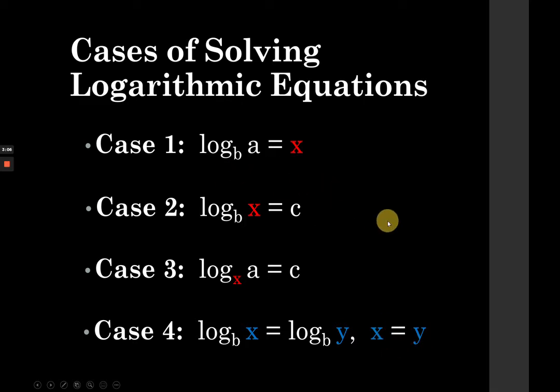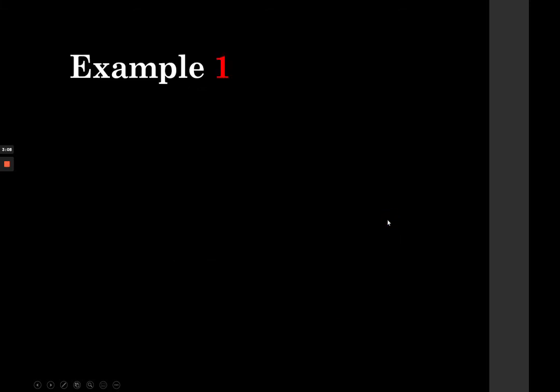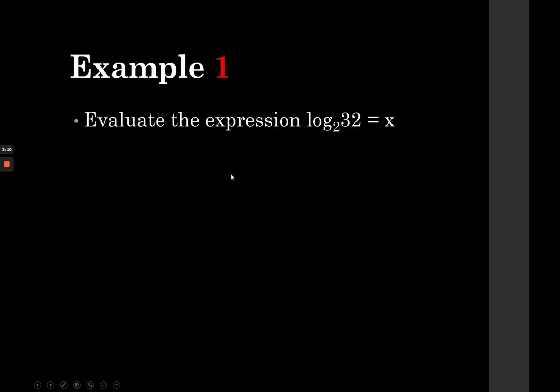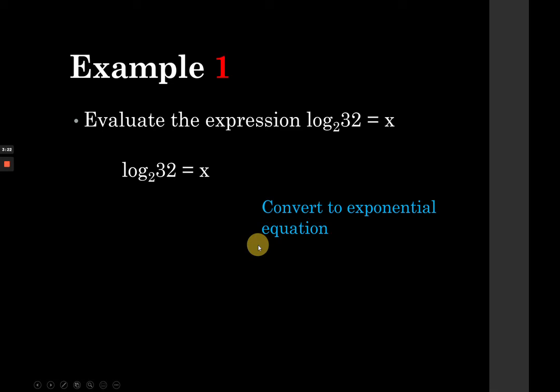Let's have the first example, which is case 1. Evaluate the expression logarithm base 2 of 32 is equal to x. Given that logarithm equation, the first thing you can do is rewrite it in exponential form. Convert to exponential equation. It's 2 raised to x is equal to 32. How do you proceed?